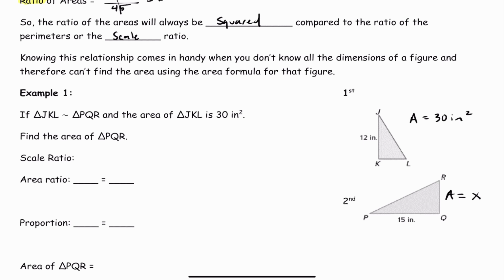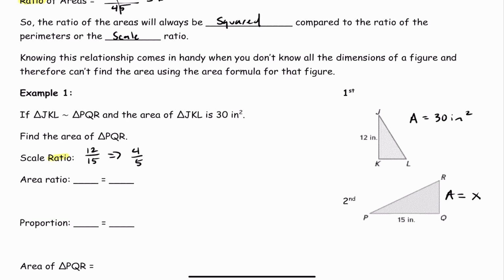Okay? So, looking from the first to the second, what do we have here? 12 over 15. Good, 12 over 15. Okay? But don't forget, we're dealing with ratios. Ratios must be what? Simplified. So, if you want, you can just math enter this. But if I have 12 over 15, what does that simplify to? 4 over 5.